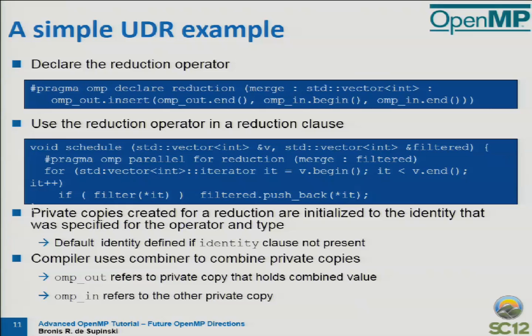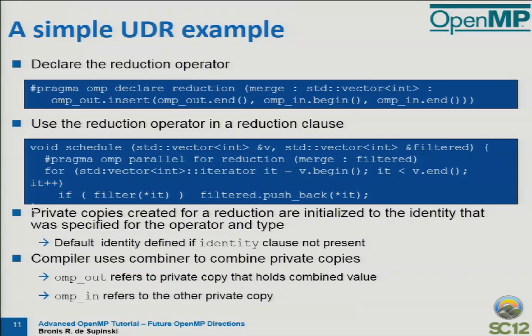So what you can do, for example, and this is C++, wonderful C++ code, is declare the reduction merge that is working on a standard vector of integers. The reduction operation is: take what is coming from one of the OpenMP threads, what is coming from the other OpenMP thread, and insert all that into a standard vector. So you reduce two standard vectors into a single standard vector.